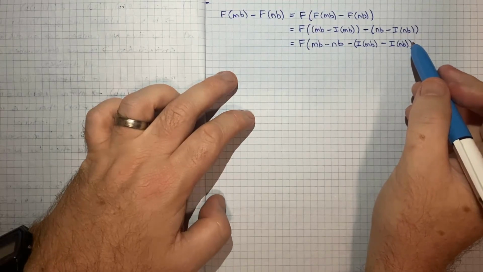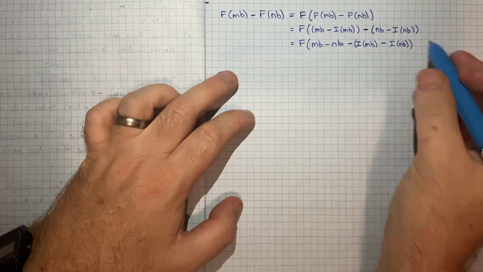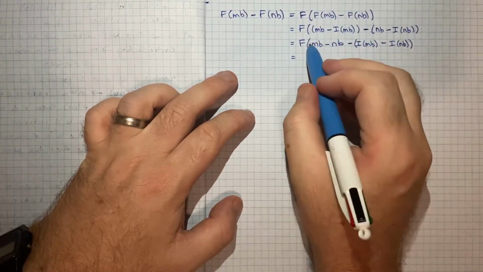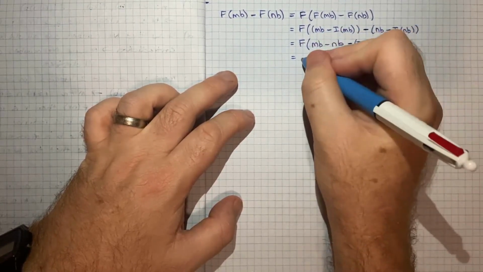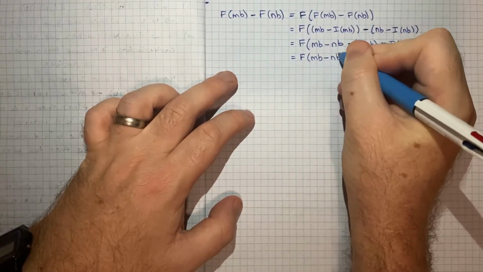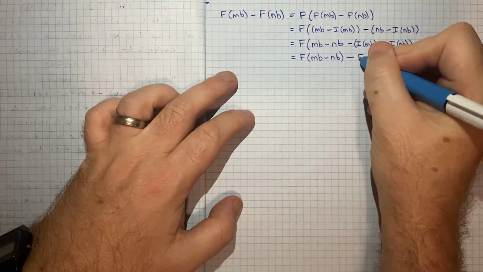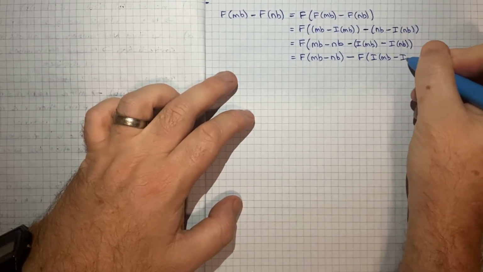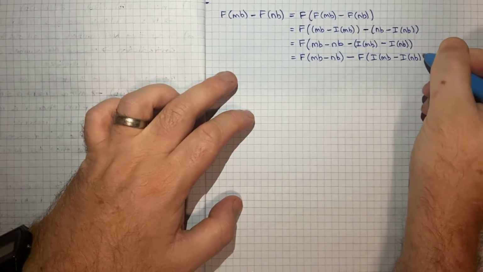Now, kind of doing the reverse of what we did here, the fractional part of each of these things will be the fractional part of mb minus nb, minus the fractional part of I of mb minus I of nb.